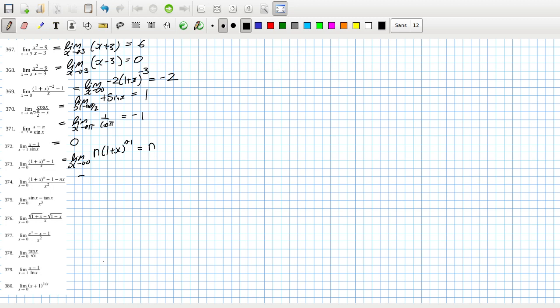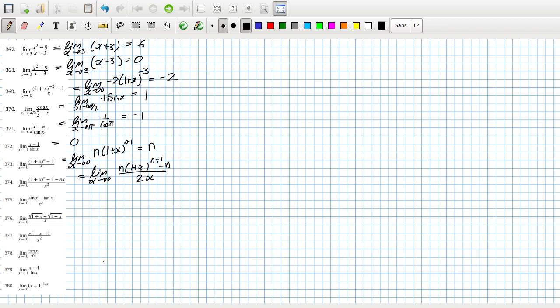And that one's very similar. Can we use L'Hopital? Maybe that's a 0. That would be, yeah, you can. Limit x goes to 0, n 1 plus x, n minus 1 minus n over 2x.